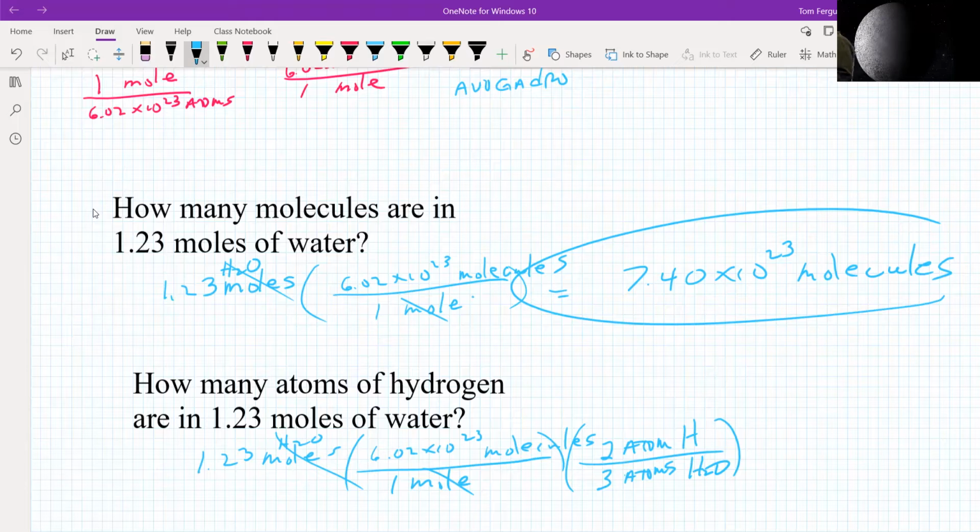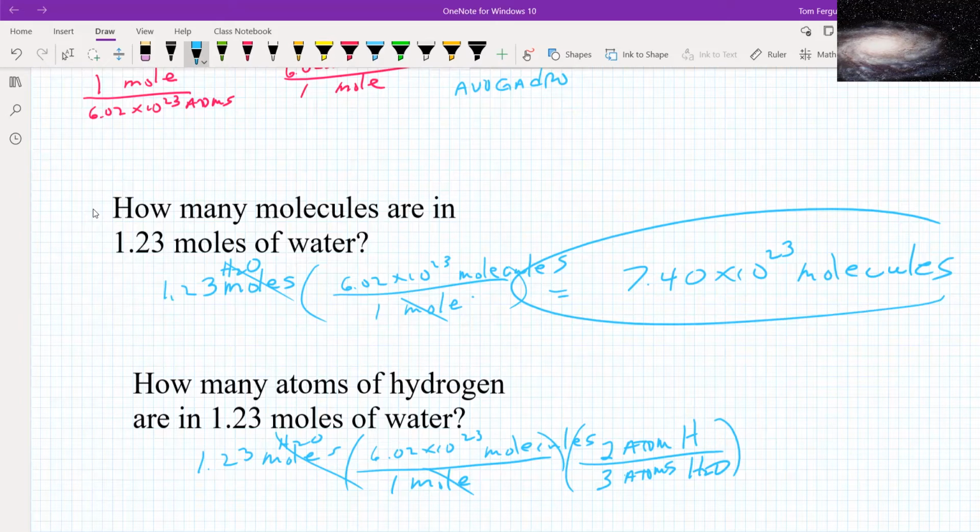Now, what is wrong with my setup here? Exactly. Molecules and atoms. So what needs to be on here? One molecule.